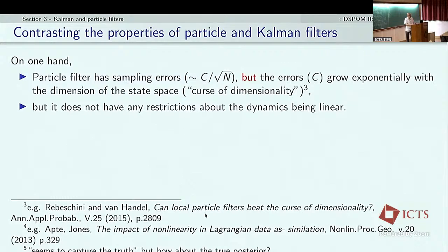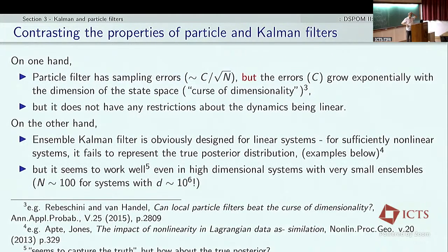But the assumptions needed in order to get these results were sufficiently strong that they have not yet been usable in practice. So who knows? I don't know whether this can be done or not. Completely open problem, effectively. But then it doesn't need anything about linearity and so on. No assumption about linearity is needed.